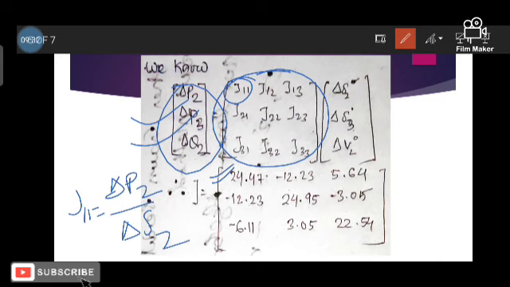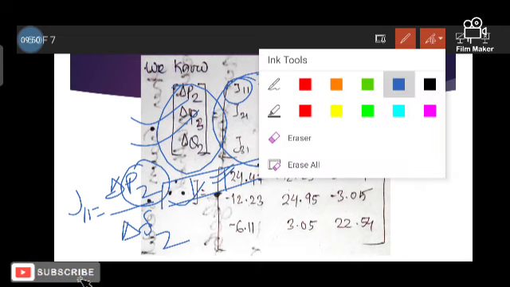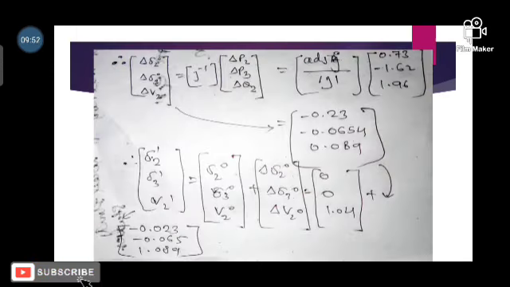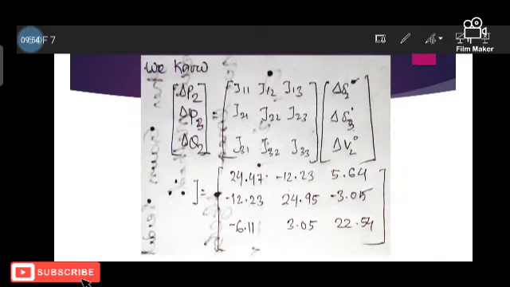So after expanding or putting the value of P2 and differentiating with respect to delta 2 and expanding the equation, we put all the values required by this equation. After putting all these values, we will form this value.